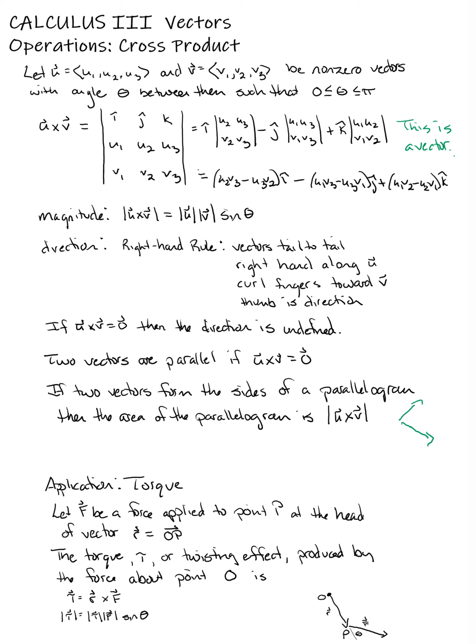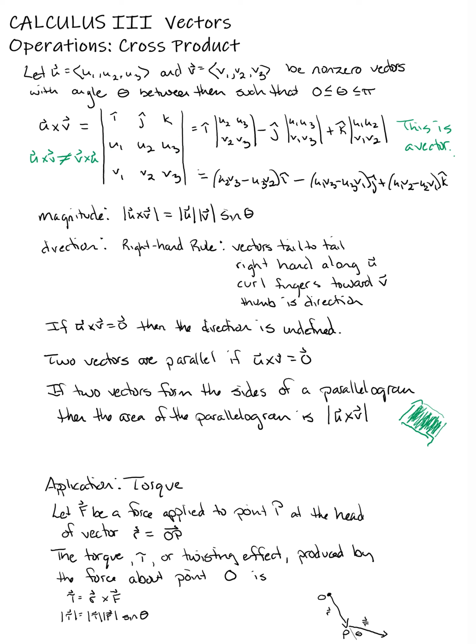Then we want to find the area of that parallelogram. We find the magnitude of their cross product. Also notice that we cannot commute the cross product. u cross v is not equal to v cross u, because that means we would have to change the order of our matrix. So make note of that.